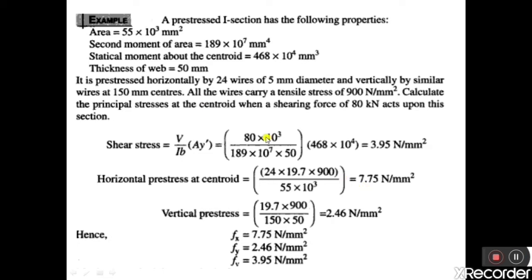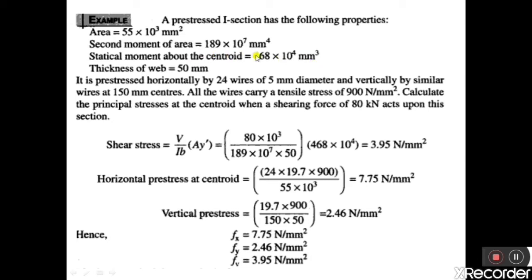In our previous examples, we were calculating the maximum shear stress at the support, with respect to the centroidal axis, that is along the midpoint of the support. And here it is given that the statical moment about the centroid is 468 into 10 to the power of 4 millimeter cube.